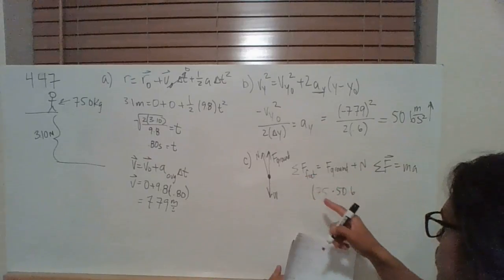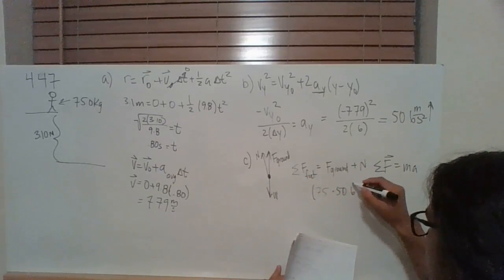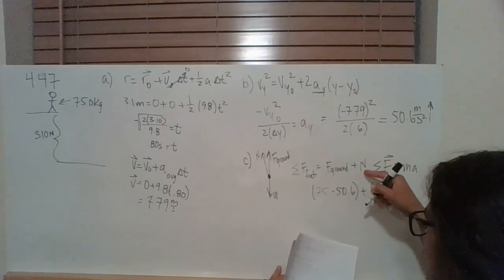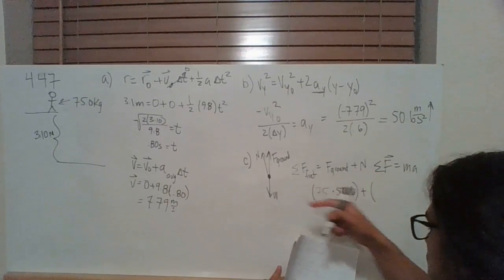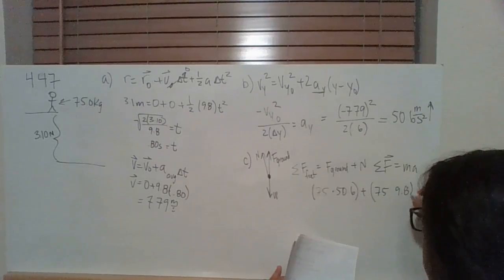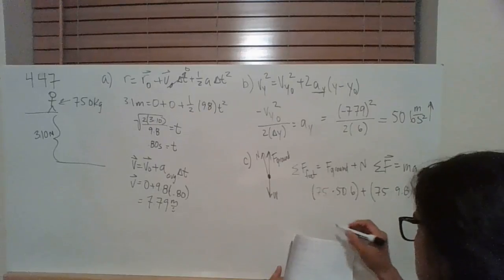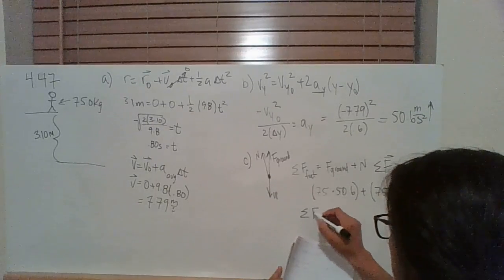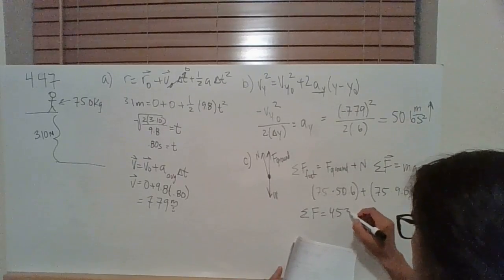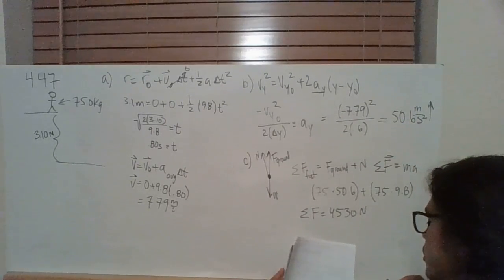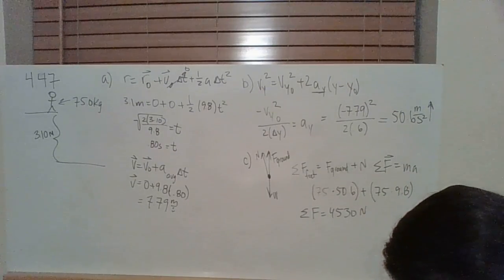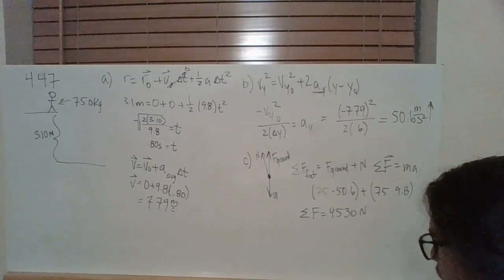So this force equals his mass times the acceleration of the ground on his feet plus his normal force, which is equal to his weight, which is 75 times 9.8. You add those together and you get 4,530 newtons.